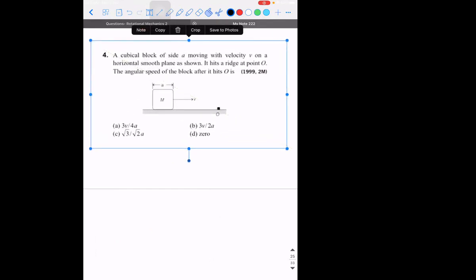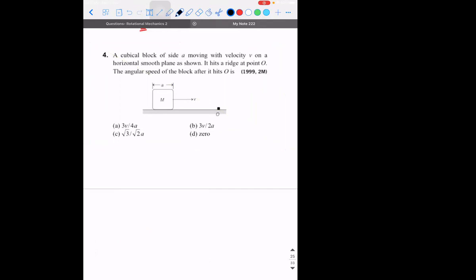There is a cubical block of side A, which is moving with a velocity v on a horizontal smooth plane, so there is obviously no friction. It hits a ridge at point A, meaning there is a small obstacle here, at point O. The angular speed of the block after it hits O.